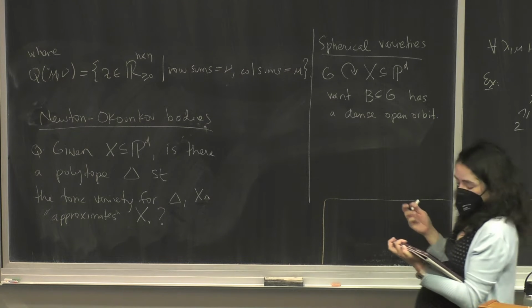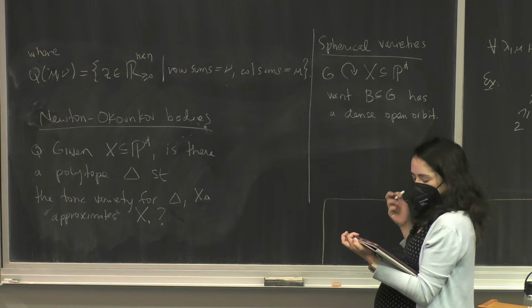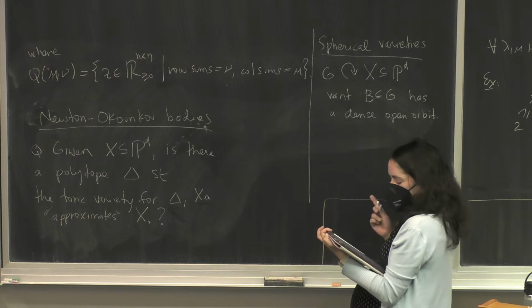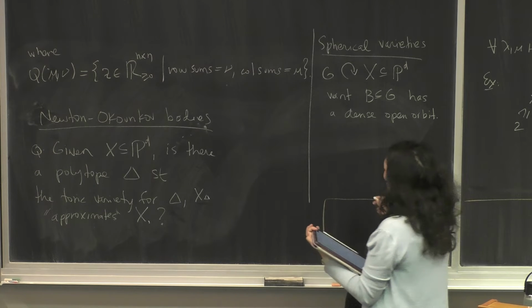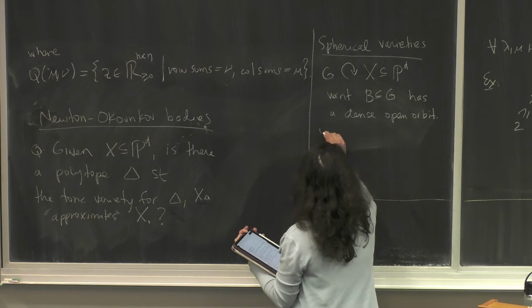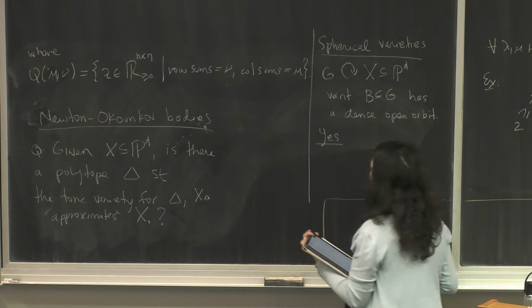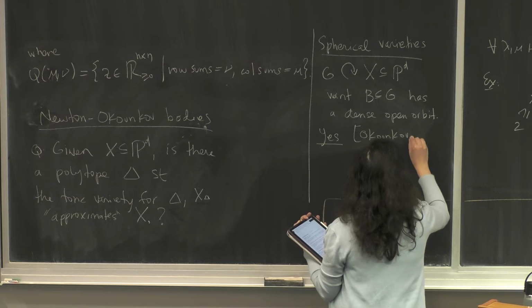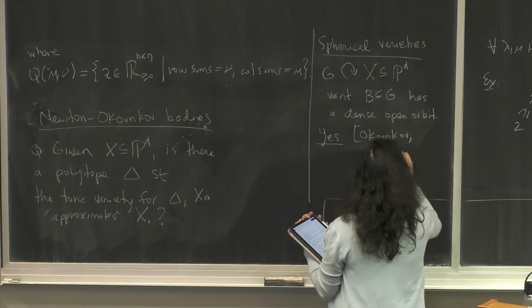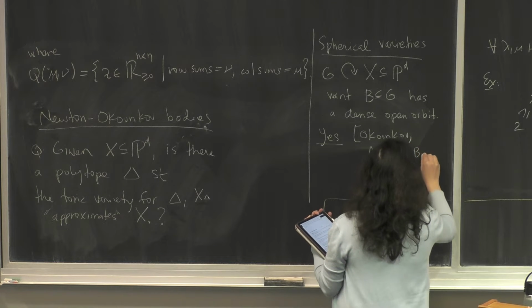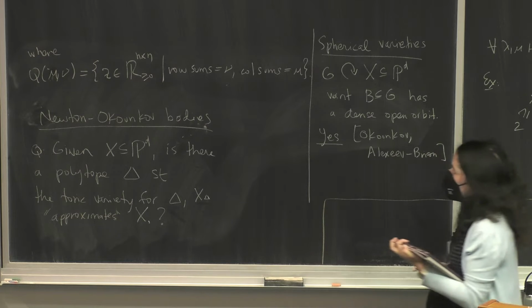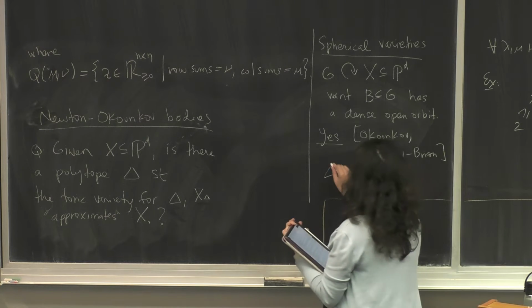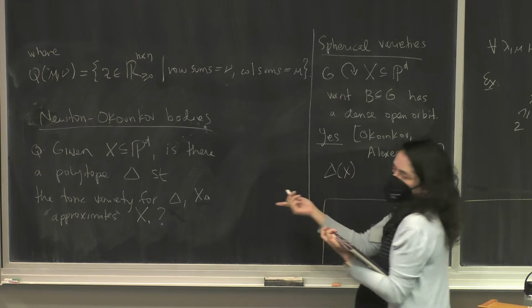So for those, Okounkov and Alexeev and Brion, in two separate papers, introduced a polytope, delta of X, that accomplishes this.